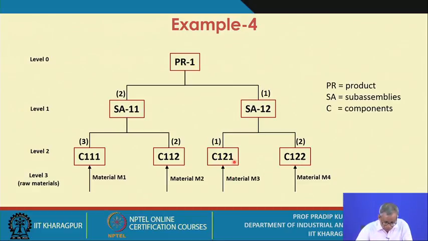For component C121, you require material of type M3, and for component C122, you require material of type M4. C121 and C122 both have the parent item SA12, and to produce 1 unit of subassembly 12, you require 1 unit of C121 and 2 units of C122.